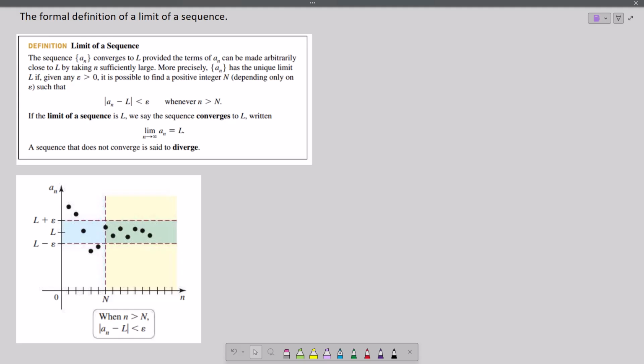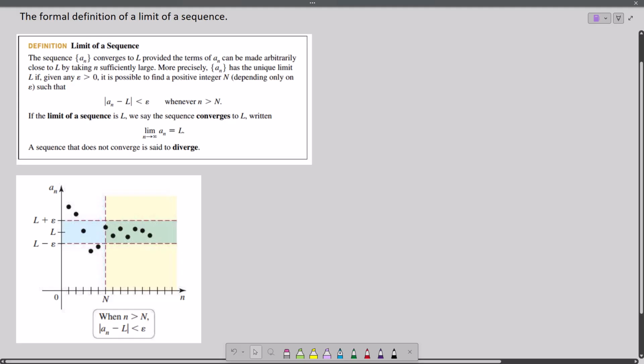A sequence is a function of the positive integers, typically. And for a sequence to have a limit, it just means that the terms are getting arbitrarily close to some number. Infinitesimally close. Whatever you want to say. Arbitrarily close is how we usually describe it.